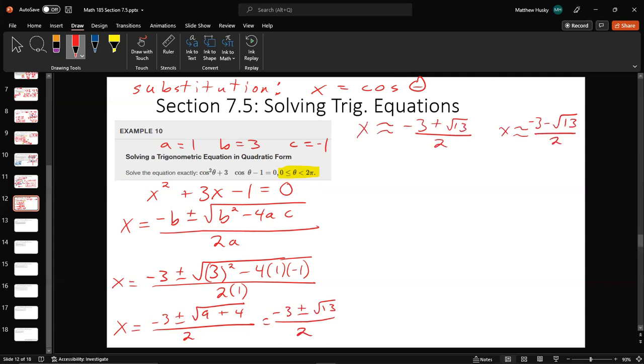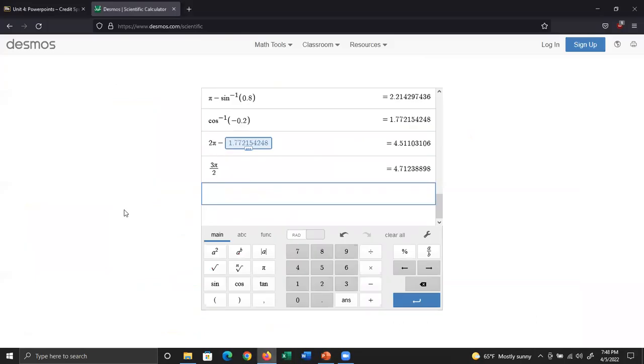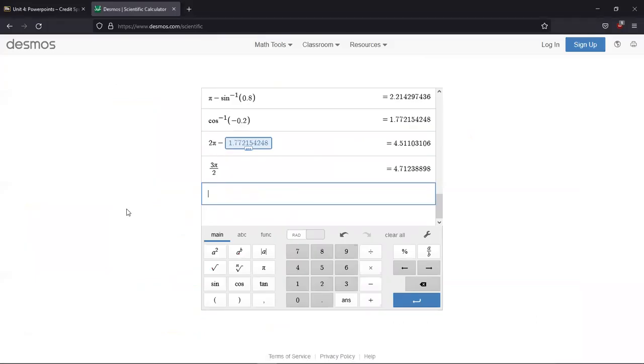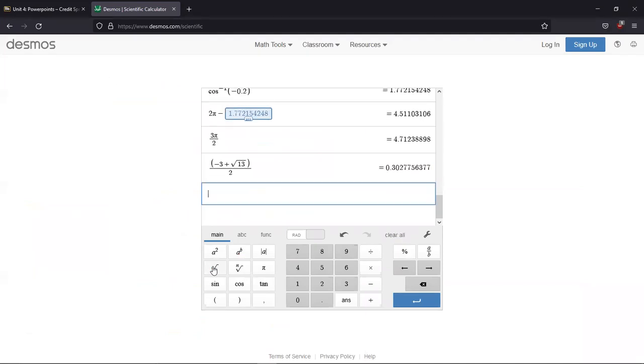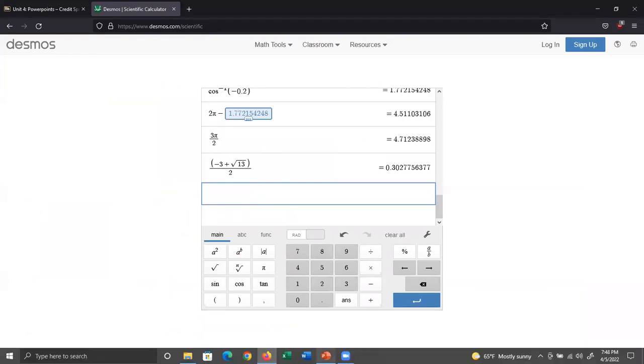And let's see what that gives us. So we've got negative 3 plus the square root of 13 all over 2. Put that in parentheses so that the whole thing gets divided. Okay, that is going to be 0.3028 if I round it off.